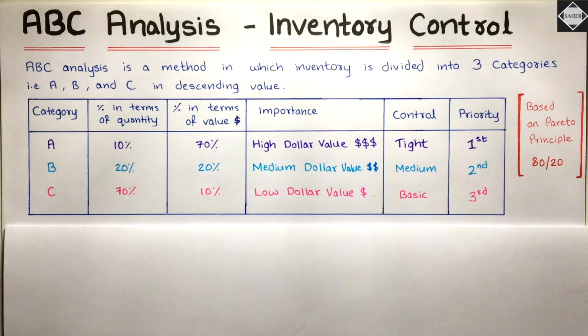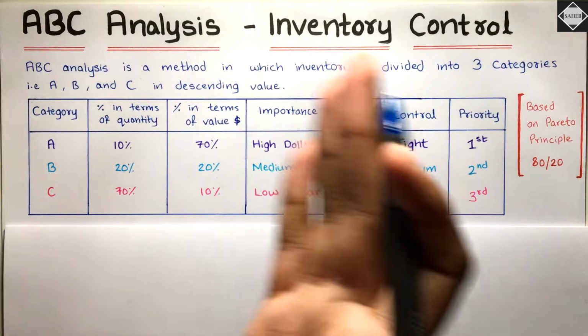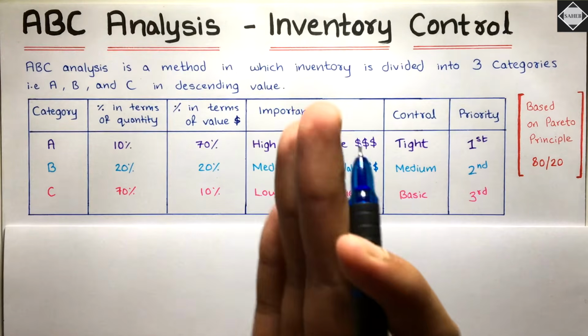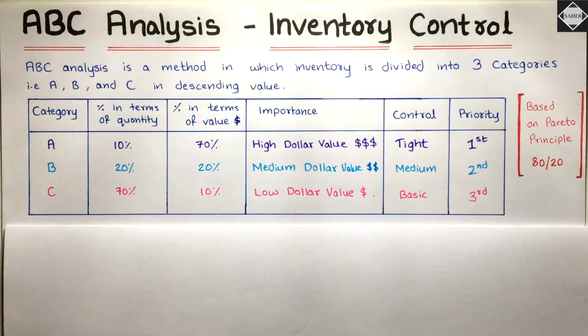Is it clear? Now let's take an example to understand this. Let's just say you have a garment shop, right? Now in the garment shop you have, let's just say, wedding garments, right? Wedding garments come very expensive, right? They are very expensive.